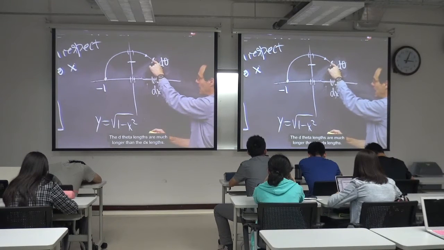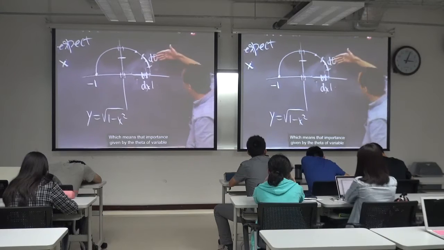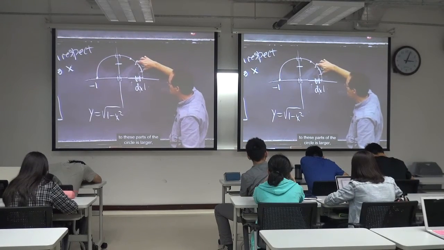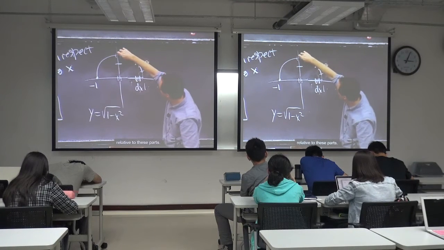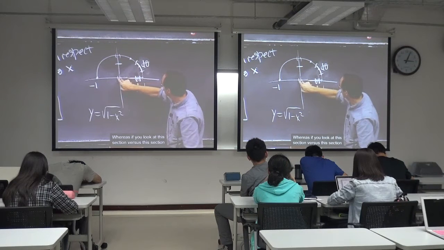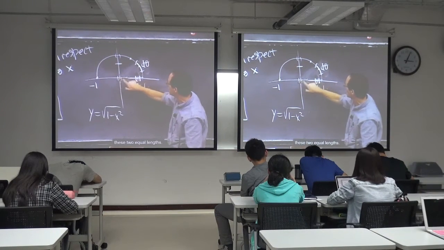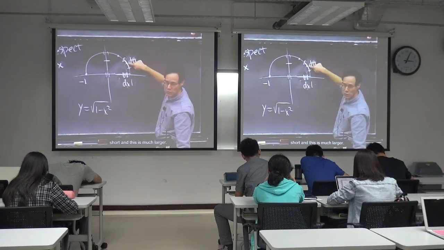The d theta lengths are much longer than the dx length, which means that the importance given by the theta variable to these parts of the circle is larger relative to these parts. Whereas if you look at this section versus this section for the dx, they give equal weights to these two equal lengths. But here, with respect to theta, this is relatively short and this is much larger.